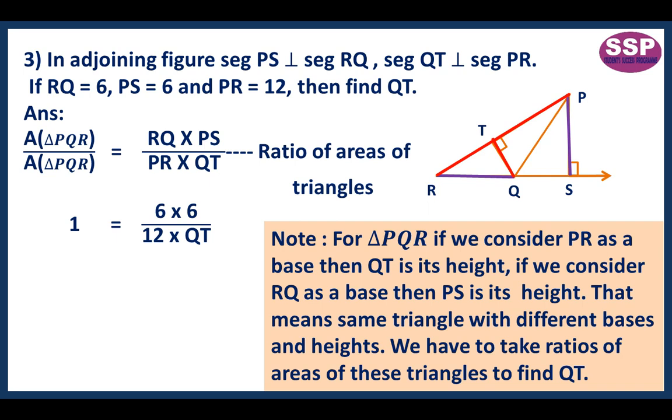Is equal to, putting the values, 6 into 6 divided by 12 into QT. Cross multiplication, QT is equal to 6 into 6 upon 12. On simplification, we get QT is equal to 3 units.